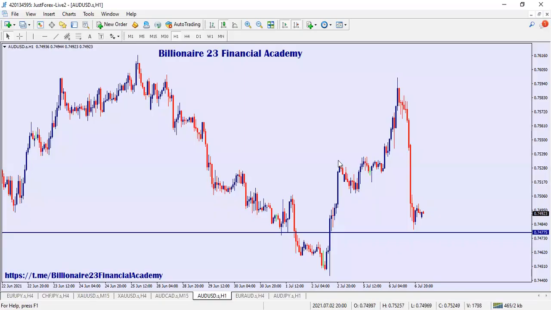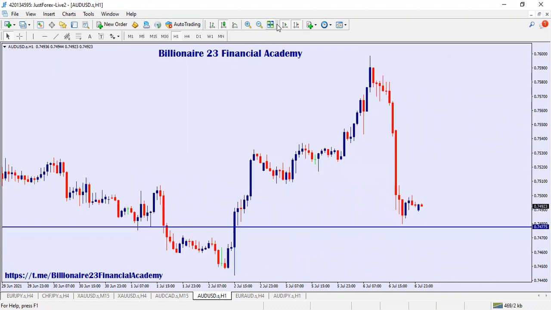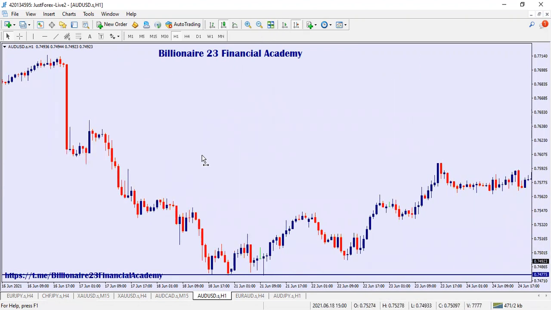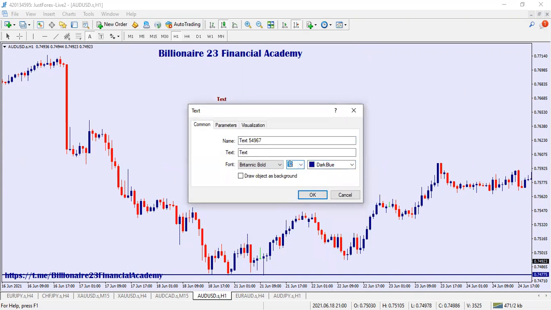All right, now we've switched to a live chart and we're going to focus on supports first. Support is an area or price line in the market in which price has touched 2 or more times.